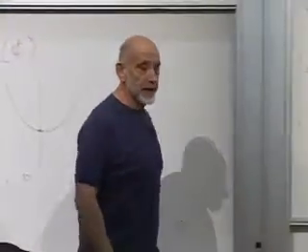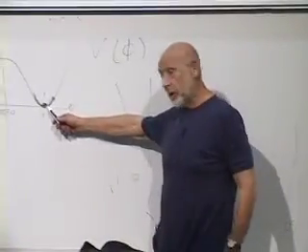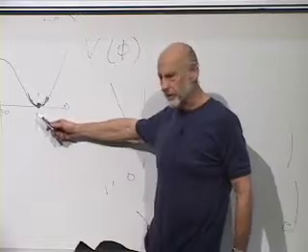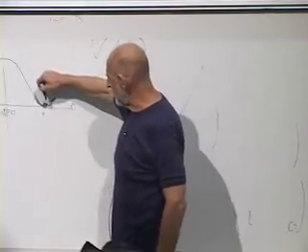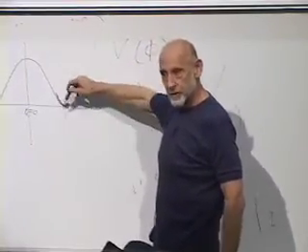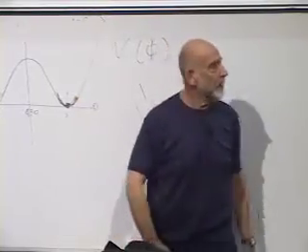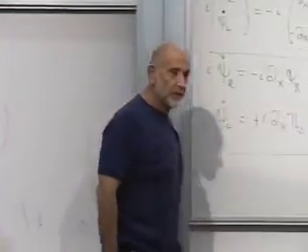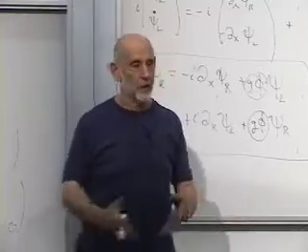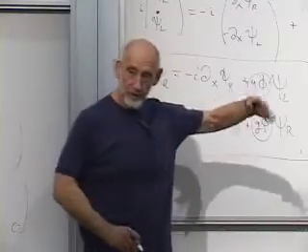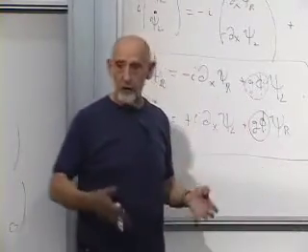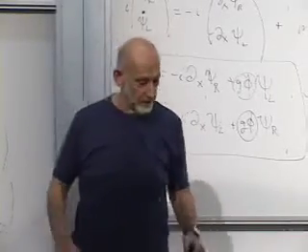How much energy does it take? It depends on the mass of the Higgs particle. If the Higgs particle is very massive, it means it takes an enormous amount of energy to excite one quantum's worth of vibration in here. So if the Higgs particle is massive, it means you've got to collide electrons with a lot of energy to get it vibrating. Once it's vibrating, those vibrations are the quanta of the Higgs field.